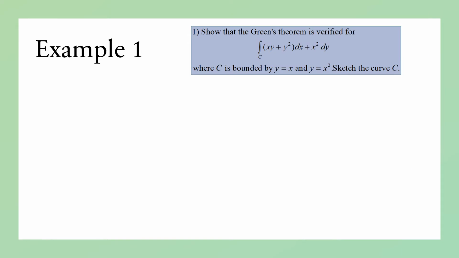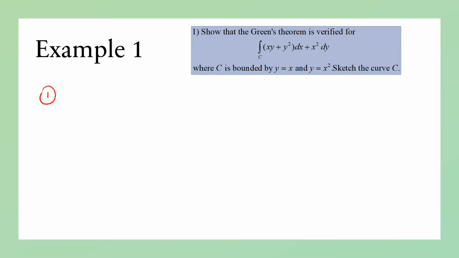Let's see example 1. Show that Green's theorem is verified for the line integral over curve C of (xy plus y squared) dx plus x squared dy, where C is bounded by y equal to x and y equal to x squared. Sketch the curve C. Let's start with step number 1, which is to sketch the curve.